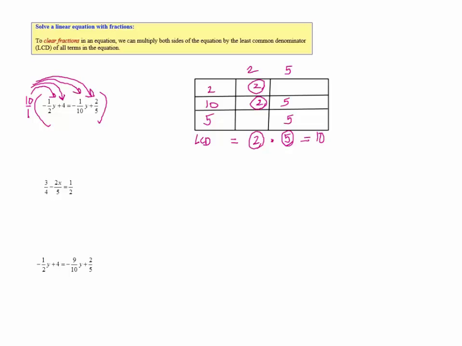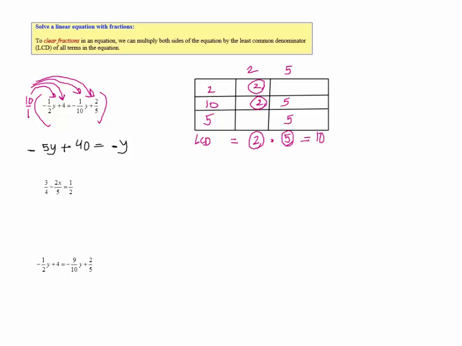It's 10 over 2, which is 5, right? So you would get minus 5y. What's the next number here when you distribute? 10 times 4 becomes what? 40. 10 over 10 would be 1, so we get minus y.